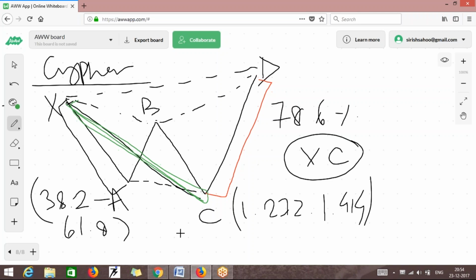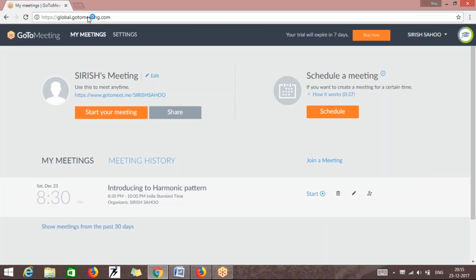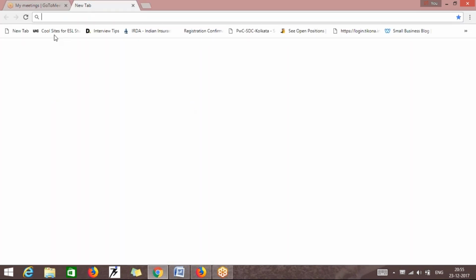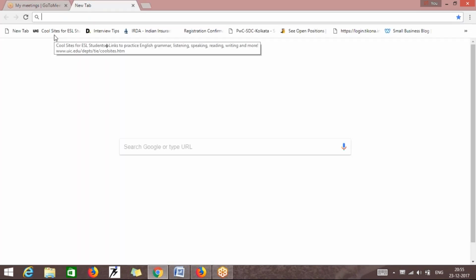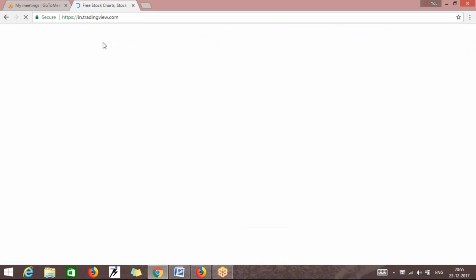So let's move into the practical, otherwise it will be very boring. TradingView has a very nice platform for harmonic patterns.